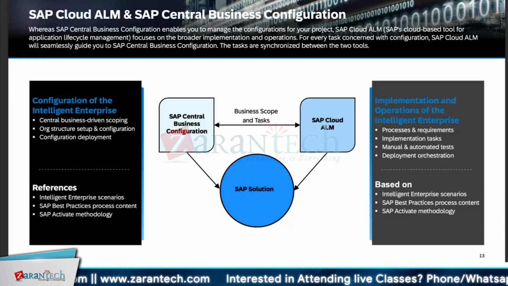So what is SAP Cloud ALM? It is nothing but your application lifecycle management, ALM stands for that. It's a cloud offering completely, again for all the cloud-centric customers. It provides all the capabilities for your implementations and operations for your SAP cloud solutions.